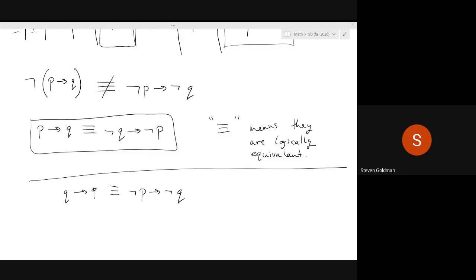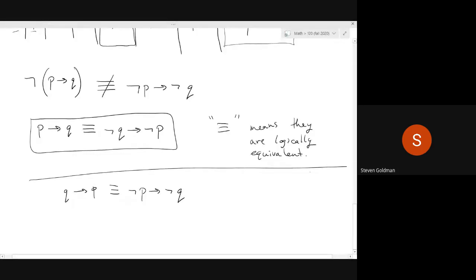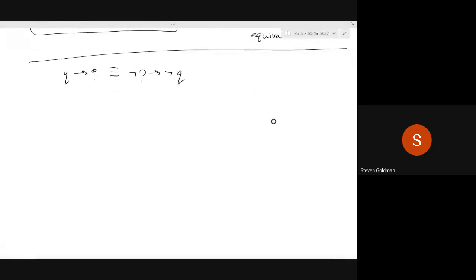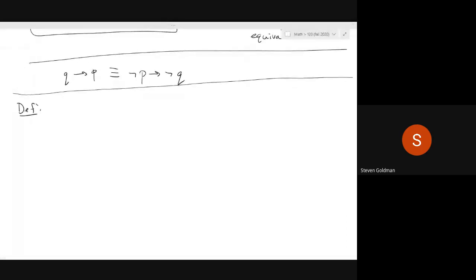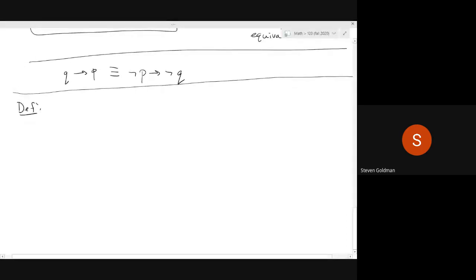All right, so let's now move on to the next type of compound proposition. We're now going to discuss biconditional statements. Let P and Q be propositions.